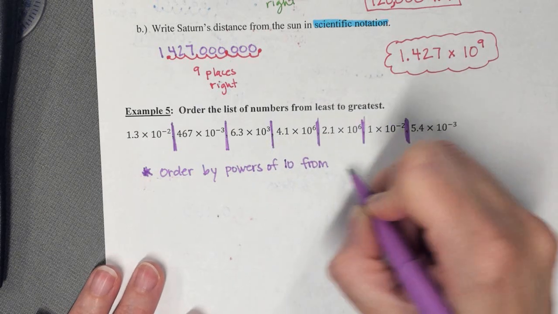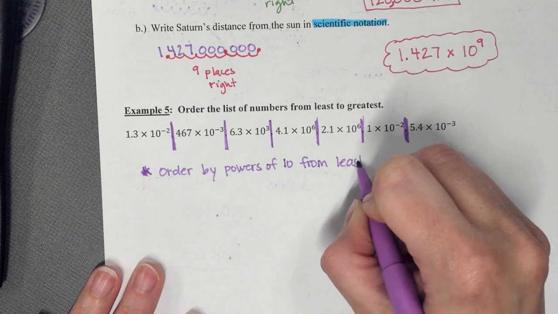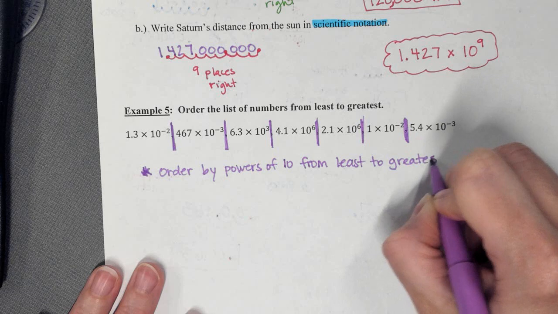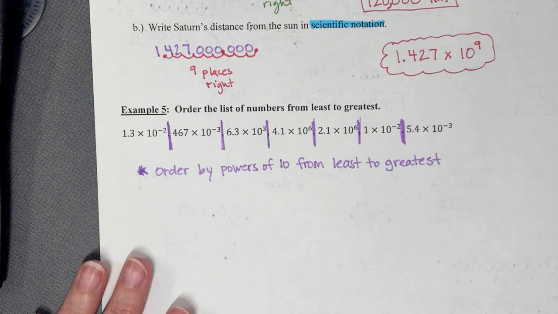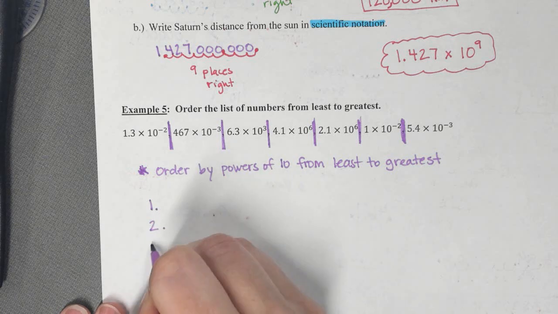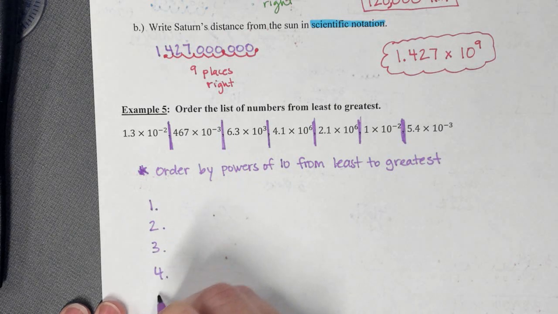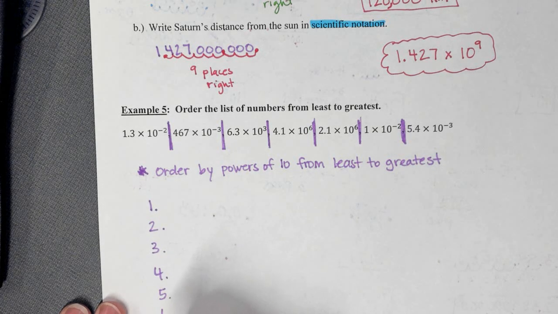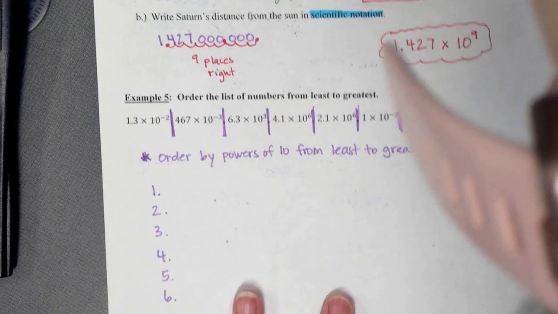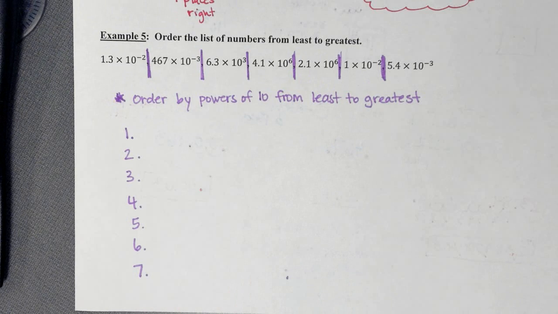From least to greatest. Now this task isn't difficult, it's just kind of tedious because you're organizing them in a list. But we know that we have 7, so why don't we make a list of 7 here? And then what we're going to do is we're going to find the least one.